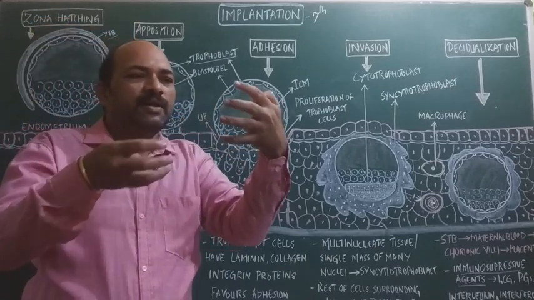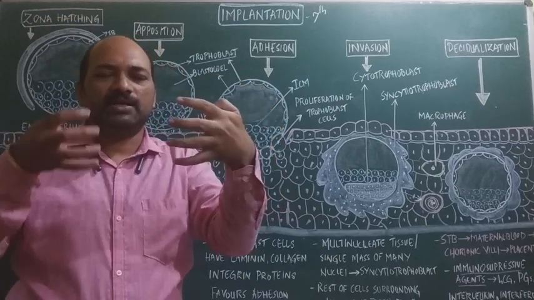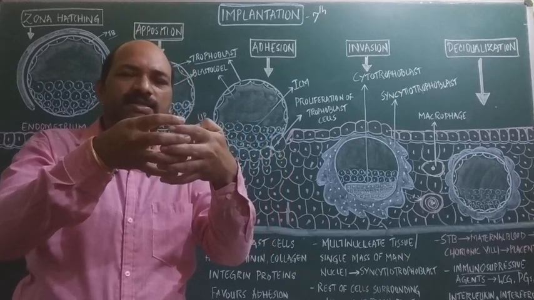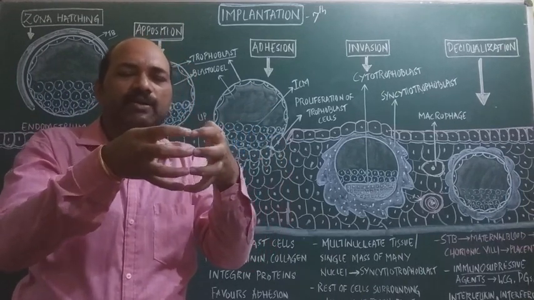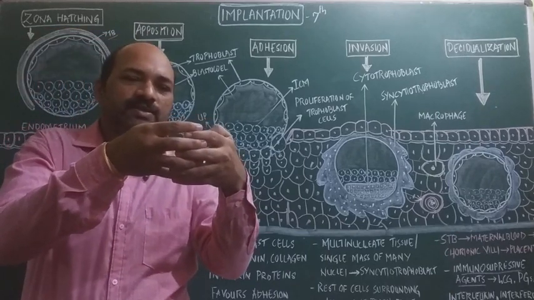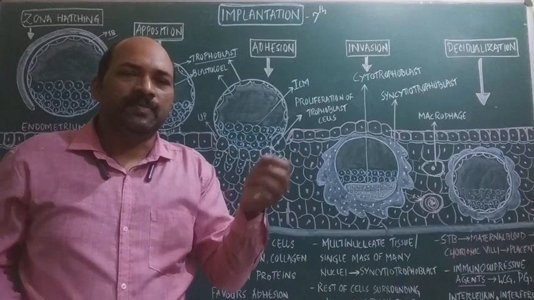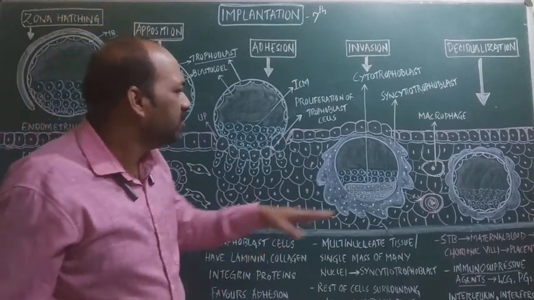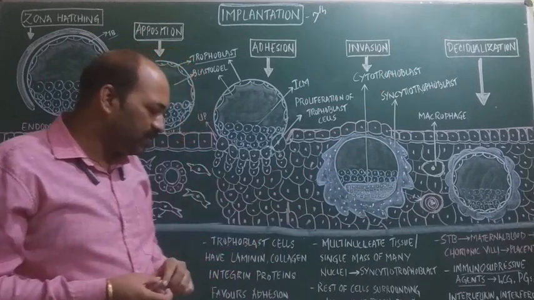And remember, the embryonic arteries and the maternal arteries are just placed side by side. They are not directly in contact with each other. And thereafter, the exchange of substances starts occurring between the embryonic arteries and the uterine arteries. So that happens during the decidualization.